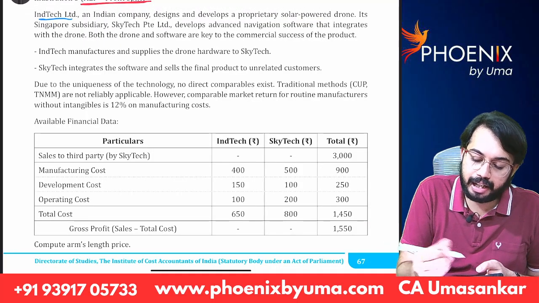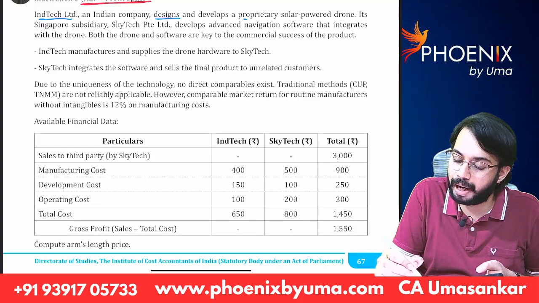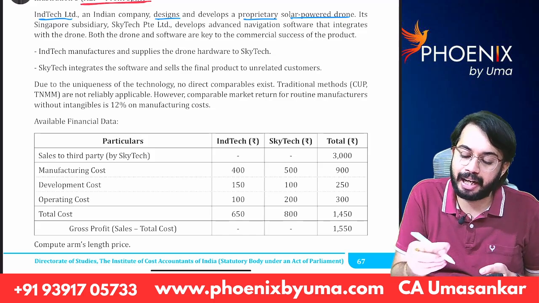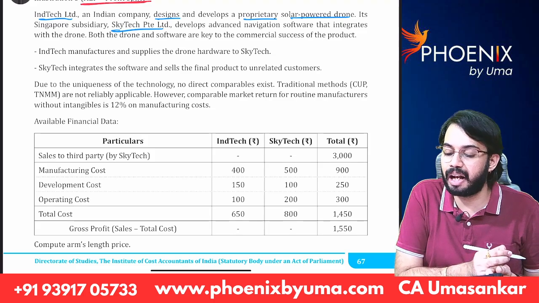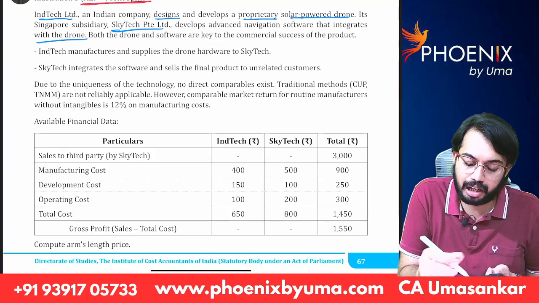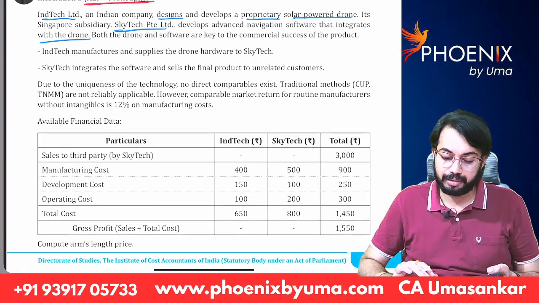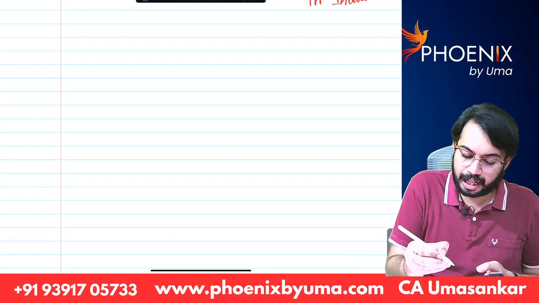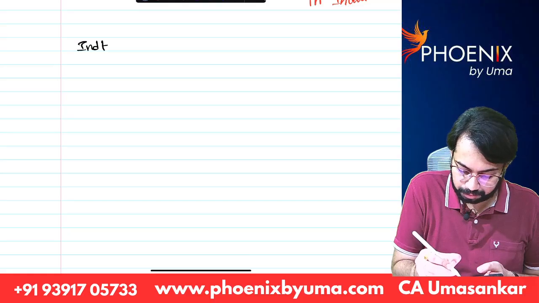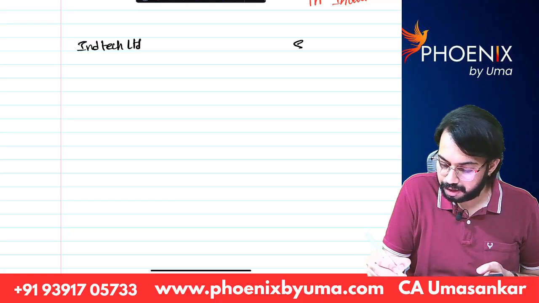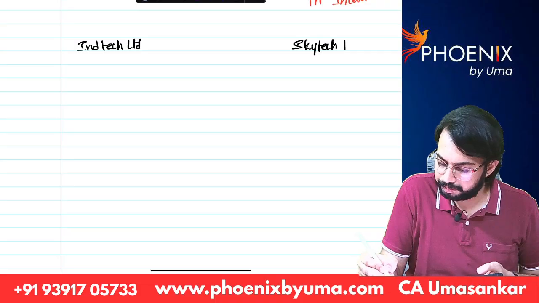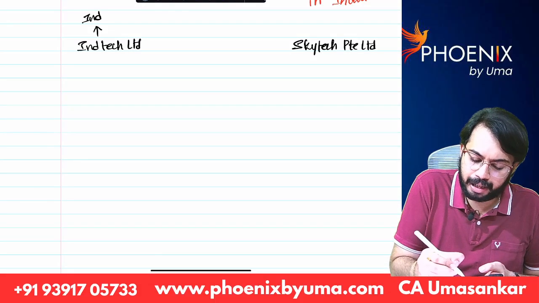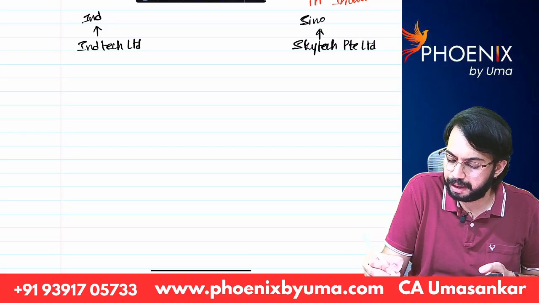Intech Limited, an Indian company, designs and develops a proprietary solar powered drone. Its Singapore subsidiary, Skytech Pte Limited, develops advanced navigation software that integrates with the drone. So there are two companies: Intech Limited, which is an Indian company, and Skytech Pte Limited, which is a Singapore company.